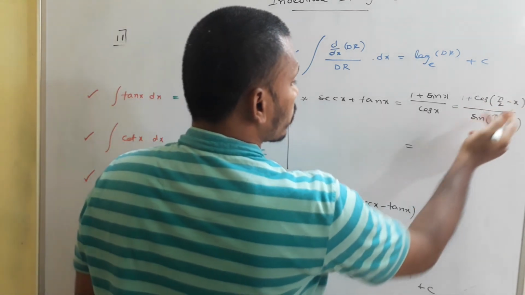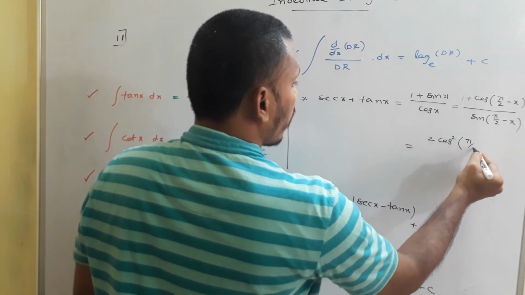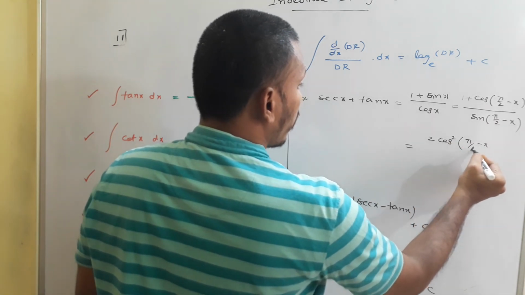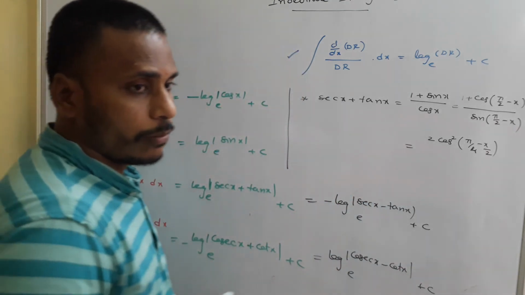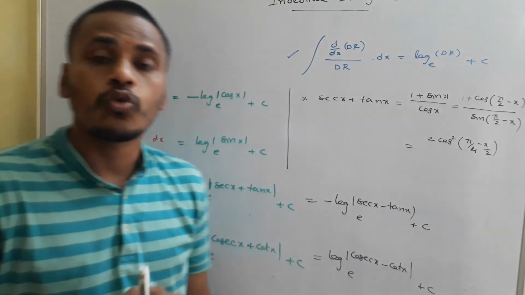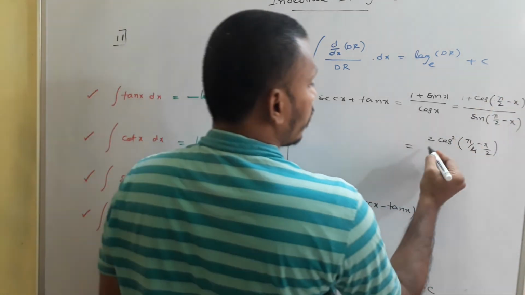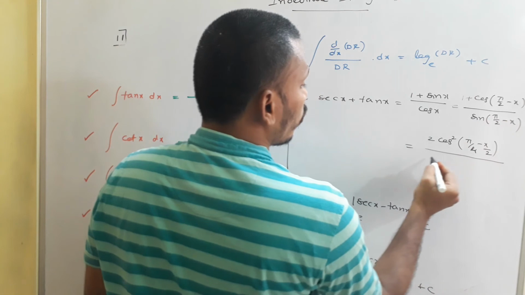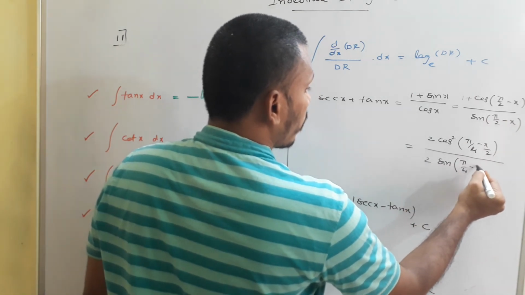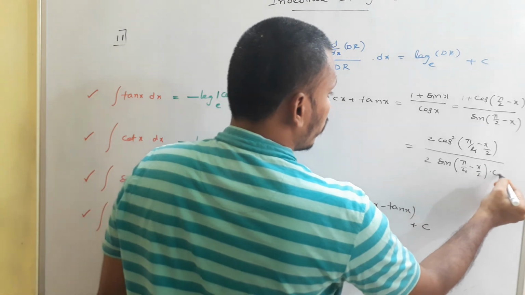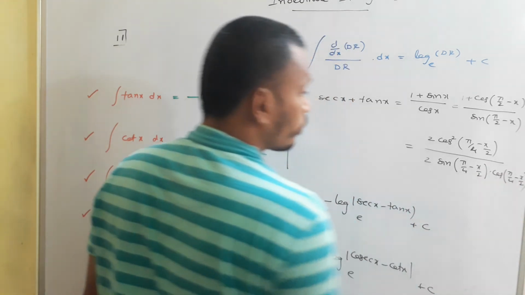And now 1 plus cos of pi by 2 minus x is simply nothing but 2 cos square of pi by 4 minus x by 2, using the 1 plus cos 2 theta formula. 1 plus cos 2 theta is 2 cos square theta. So 2 cos square of half of this angle, divided by sin 2 theta, which is 2 sin theta cos theta, 2 sin of half of that, pi by 4 minus x by 2, into cos of half of that, pi by 4 minus x by 2.